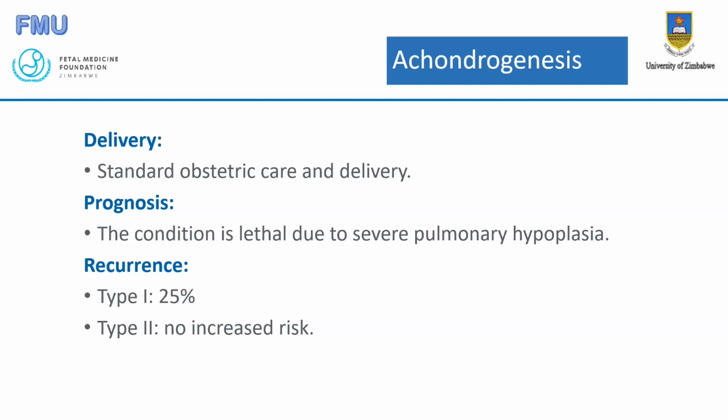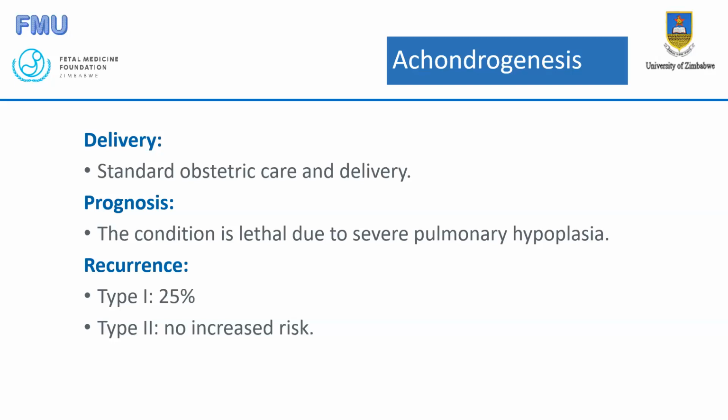Then the condition is lethal due to severe pulmonary hypoplasia. Like we highlighted, these conditions have a small chest and the chest doesn't grow as expected. The risk of recurrence is for type 1, which is an autosomal recessive inheritance pattern. It follows the Mendelian inheritance pattern, so there is a 25% chance that they will pass it on to the next offspring.